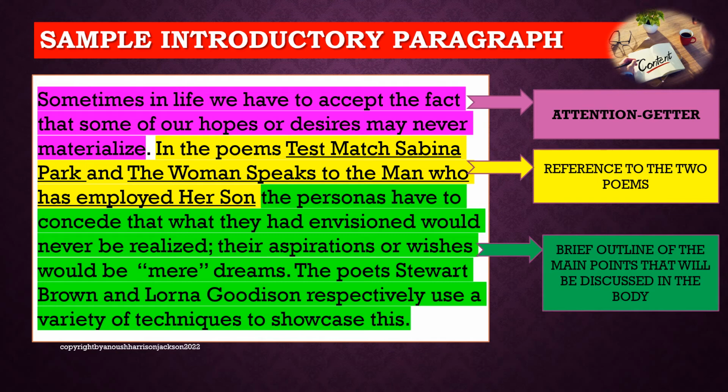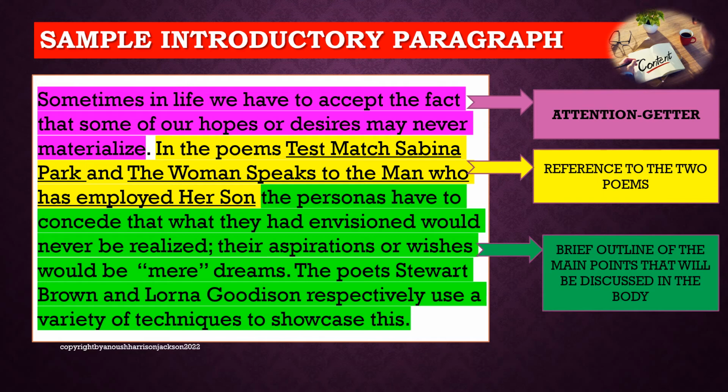Then the third sentence is: the poets Stuart Brown and Lorna Goodison, respectively. Now you know why they use "respectively", right? Because Test Match Sabina was mentioned first, so we know that Stuart Brown is in reference to Test Match Sabina, and of course Lorna Goodison is in reference to the woman who speaks to the man who has employed her son. So the "respectively" there shows the order in which the poems are stated.